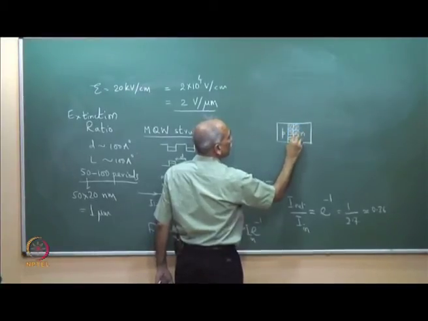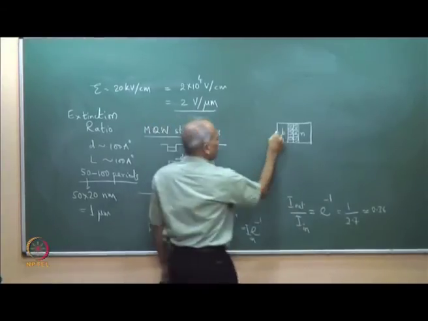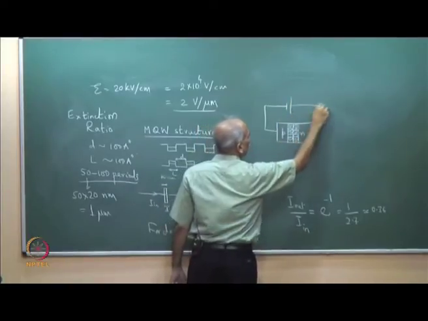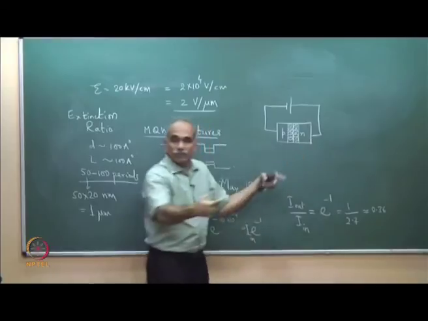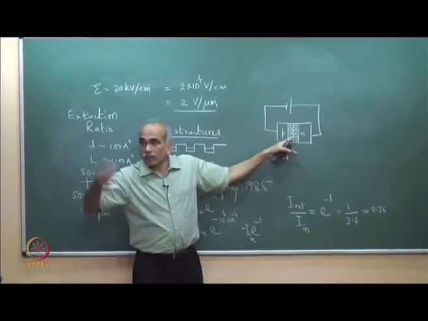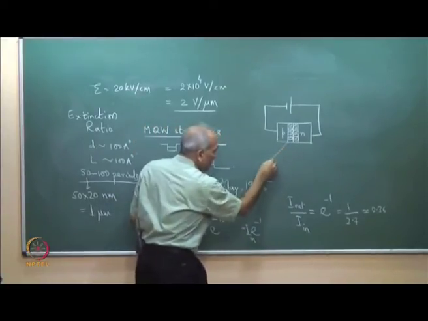So, there is a field here at the p-n junction. If you apply a reverse bias, this depletion region spreads further and the built-in potential becomes larger. Now, if you see the electric field, I will just zoom this a little bit.